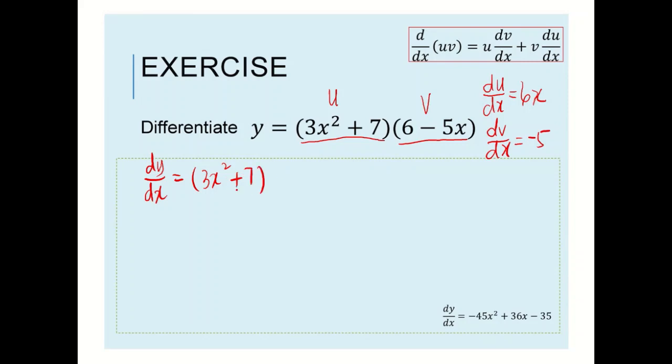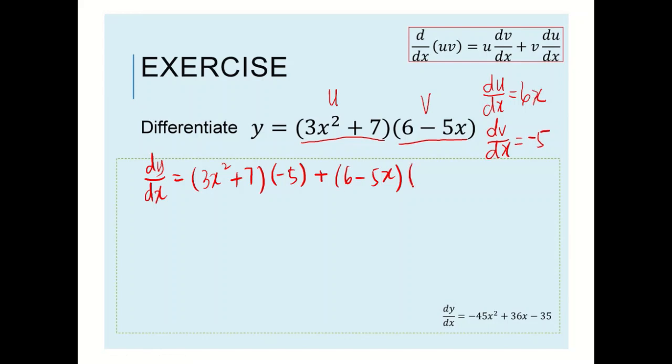However, we cannot leave our answer like this. We need to simplify, so we need to expand. First we have 3x squared times negative 5, which is negative 15x squared. Then 7 times negative 5, negative 35, plus 6 times 6, 36x, and negative 5x times 6x, negative 30x squared.